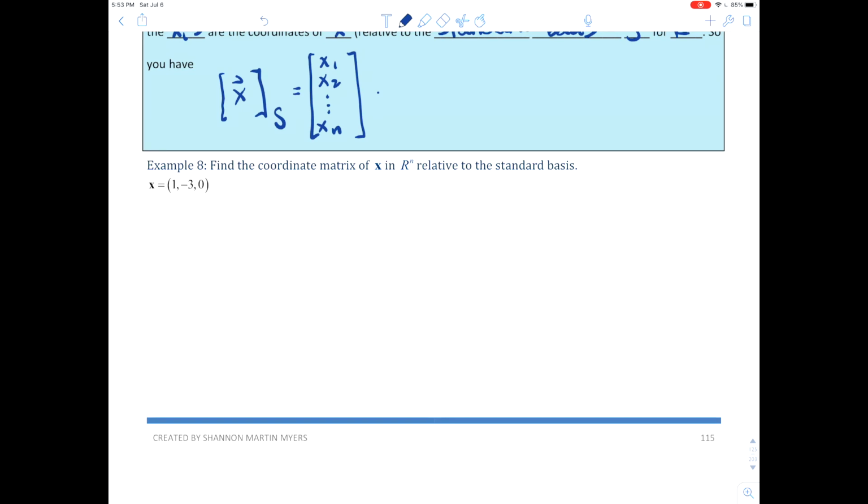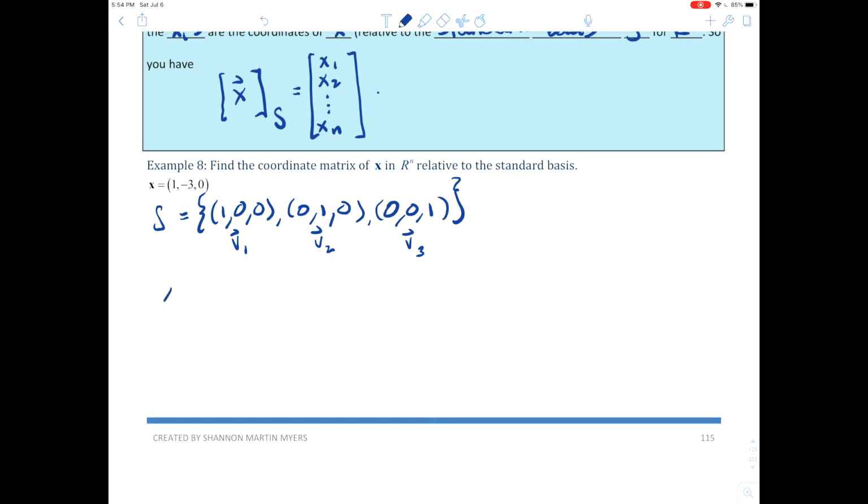All right, so example 8. Find the coordinate matrix of X in Rn relative to the standard basis. Just to show you how this works, the standard basis for R3 is what? Good, it's going to be (1, 0, 0), (0, 1, 0), and (0, 0, 1). So these are like the v's in the definition: v1, v2, v3.